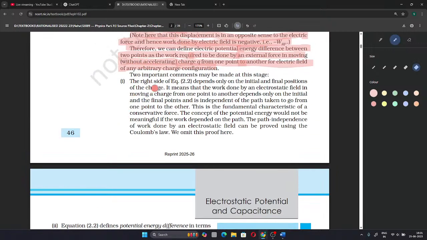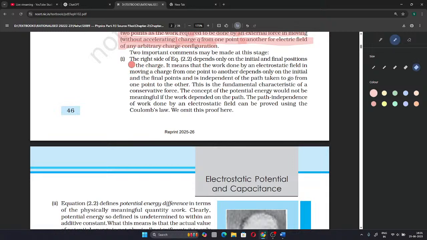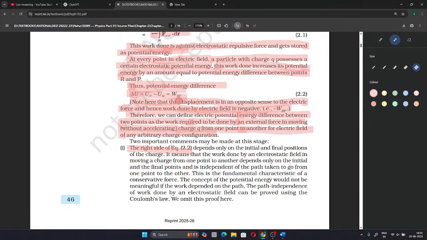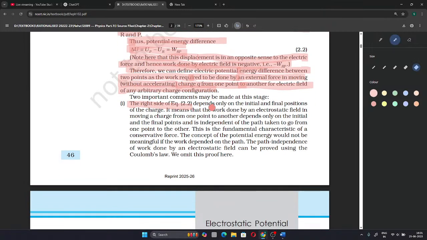They say that two important comments may be made at this stage. The right side of equation 2.2, here the WRP, depends only on the initial and final positions of the charge. It means that the work done by the electric field in moving a charge from one point to another depends on the initial and final points and is independent of the path taken.